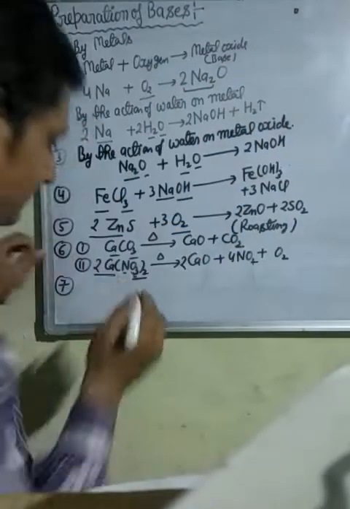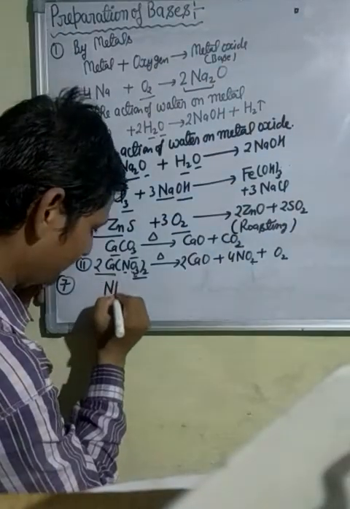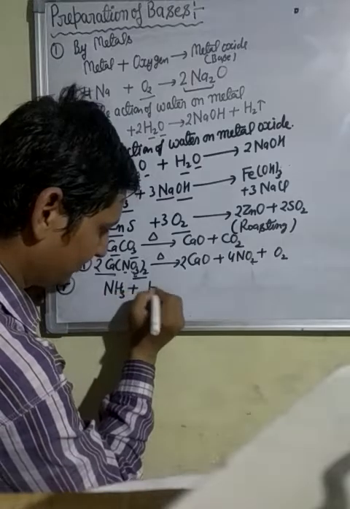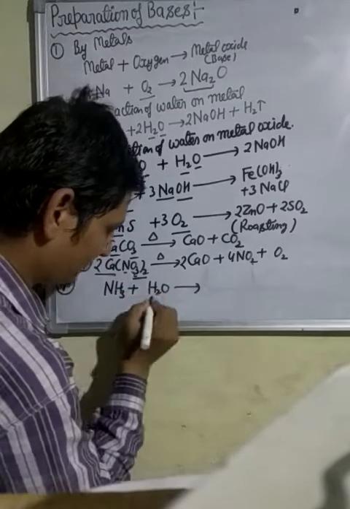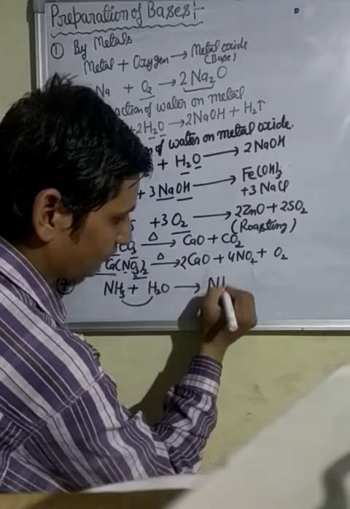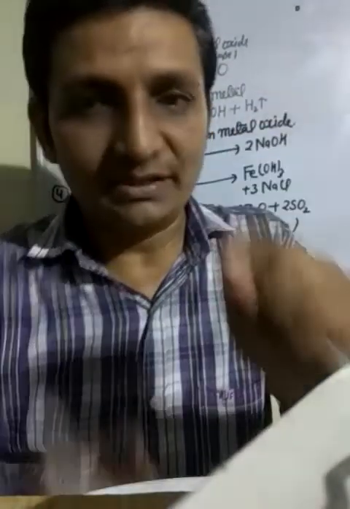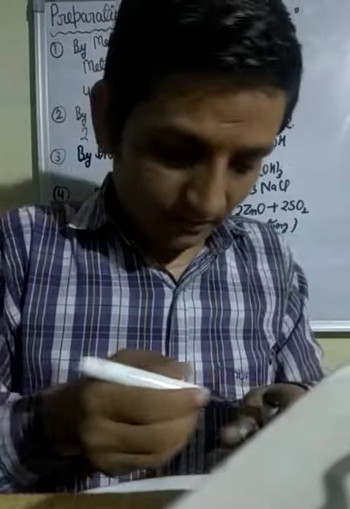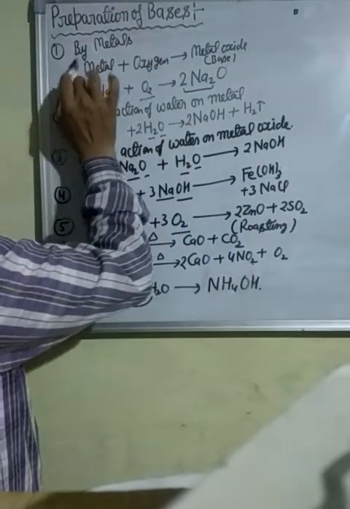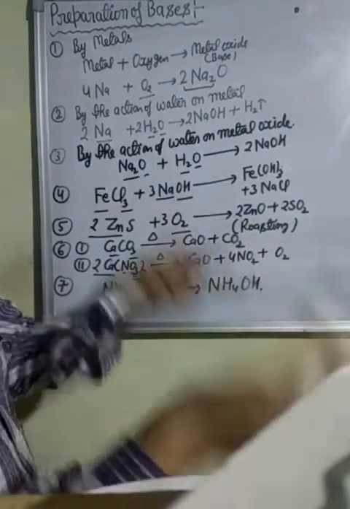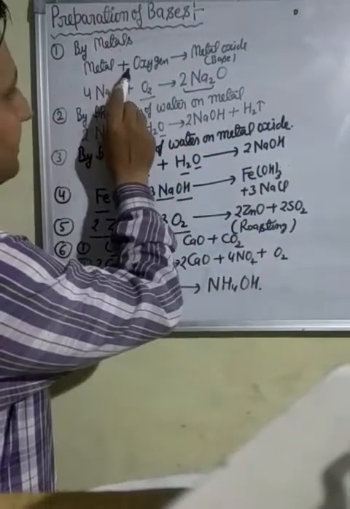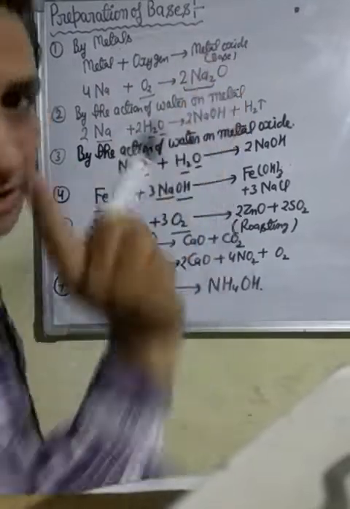that is also base. By the reaction of ammonia gas with water to form ammonium hydroxide. Okay student, so these are the 7 methods for the preparation of base. I am telling you these methods again. Number 1, by metals: metal reacts with oxygen to form metal oxide.